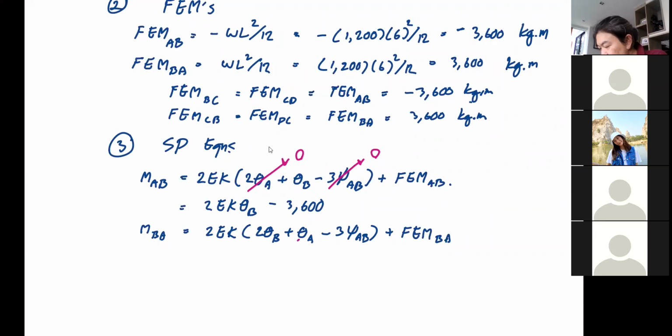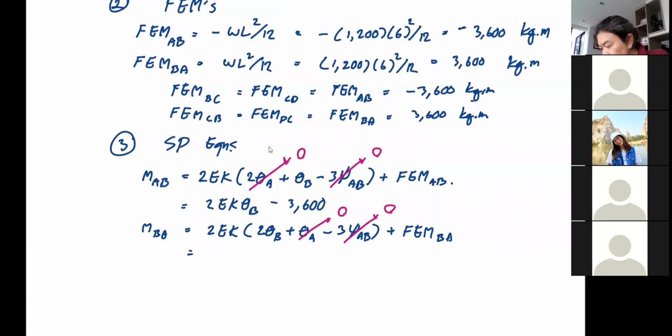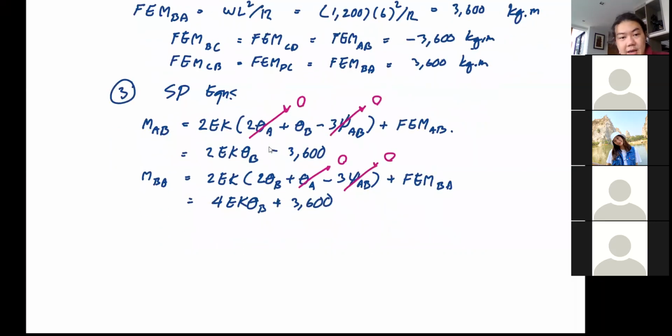And again, zeta A becomes 0, and the psi term is also 0 because we don't have any joint displacement. So this becomes 4EK zeta B plus 3600. Okay. I think you should be okay by now, so I'm not going to stop and ask if you have any questions. But if you do, don't hesitate.